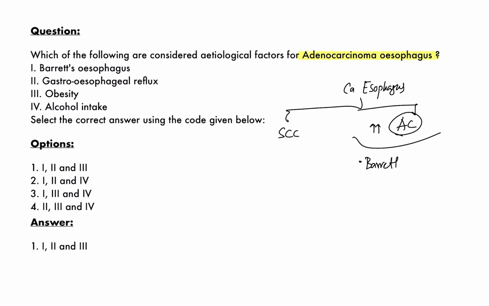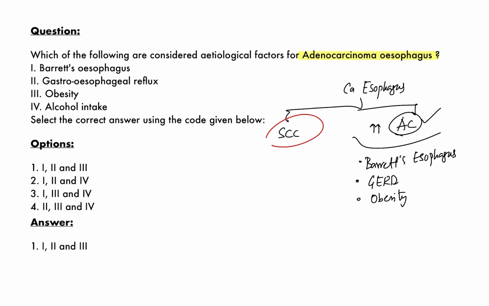One is Barrett's esophagus, that is intestinal metaplasia which predisposes to adenocarcinoma, and this Barrett's esophagus is a consequence of gastroesophageal reflux disease. And this GERD develops because of obesity. That's the reason in developed countries, obesity is prevailing, which leads to GERD, which in turn leads to Barrett's esophagus, which in turn causes adenocarcinoma.